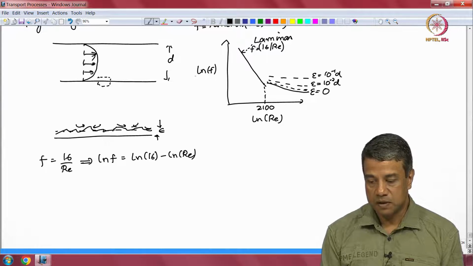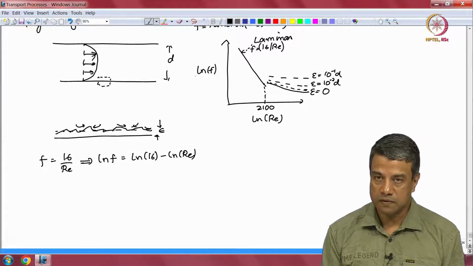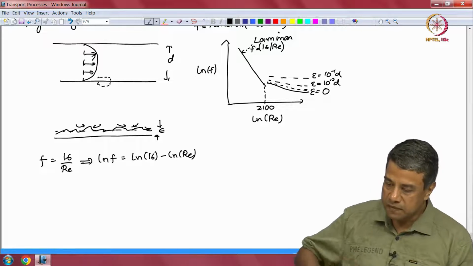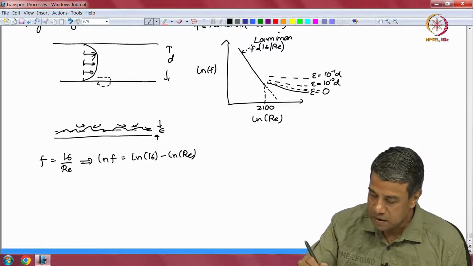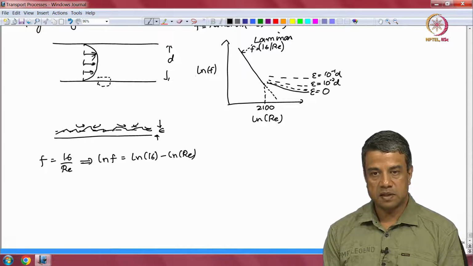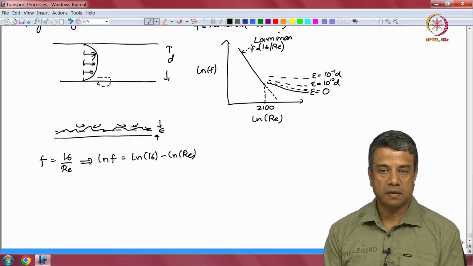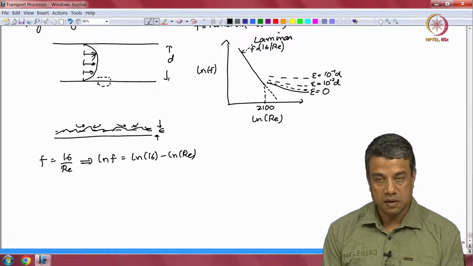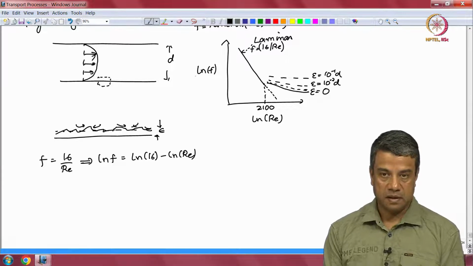The point to note, the friction factor for the turbulent flow is higher than the extrapolation of the friction factor for the laminar flow at that same Reynolds number. At that same Reynolds number, there is a discontinuous increase in the friction factor when transition takes place, and the slope is also less negative after transition.